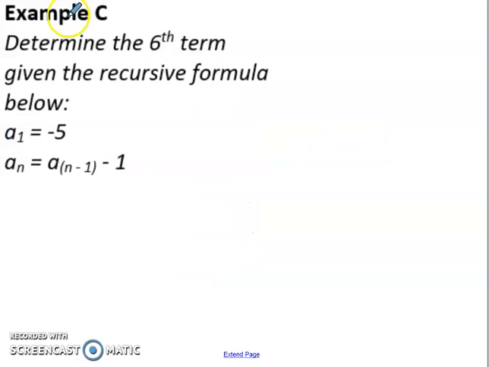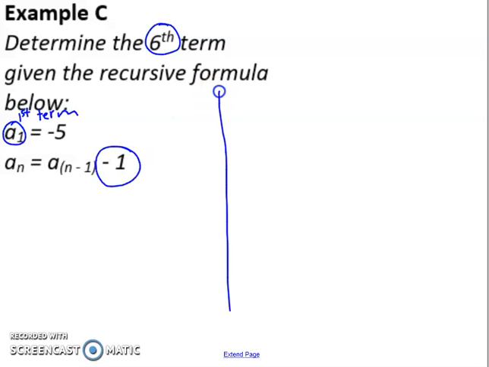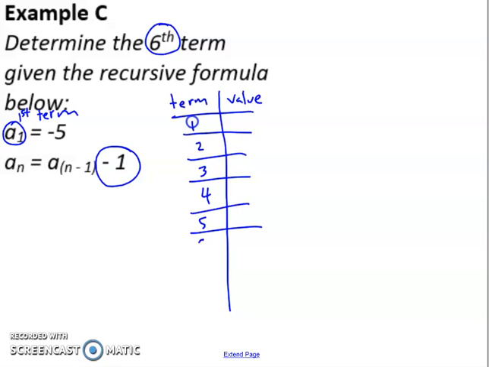Okay, all right, let's do it again. We want the 6th term. My first term is -5. My pattern is subtract 1. So I'm going to create my table. I have my term. I have the value. I'm going to first list where I need to go. So I'm going 1, 2, 3, 4, 5, 6.